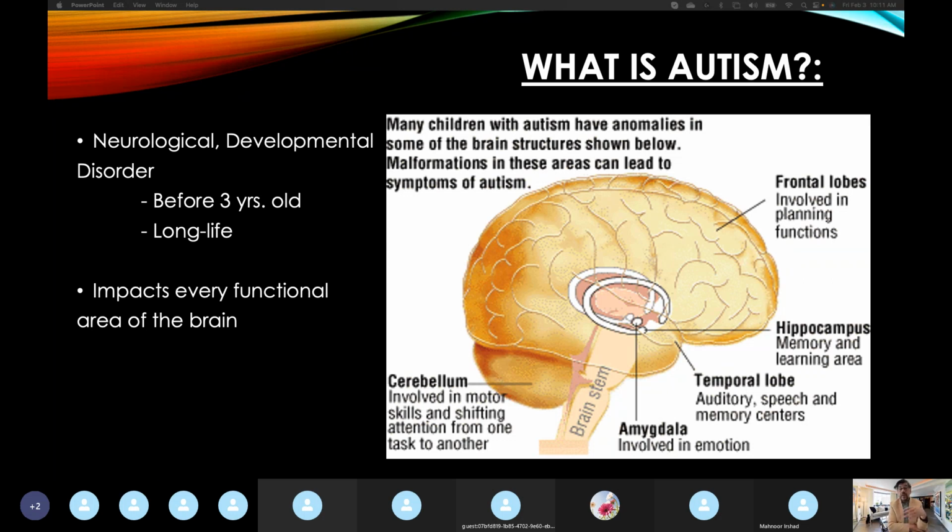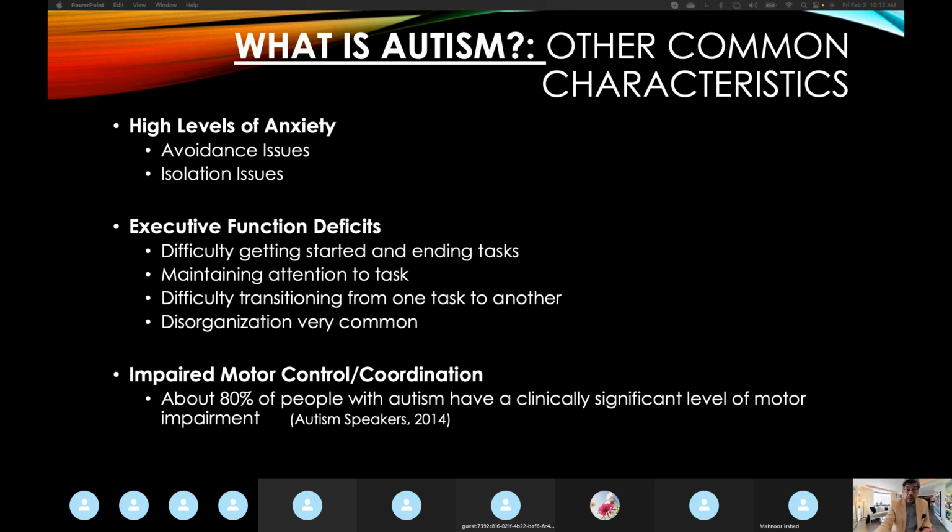It impacts every functional area of the brain. Unfortunately, because the things are so complicated and lots of areas of the brain are involved, the things are complicated as well. Usually, some of the common characteristics, not all of them, include a high level of anxiety.